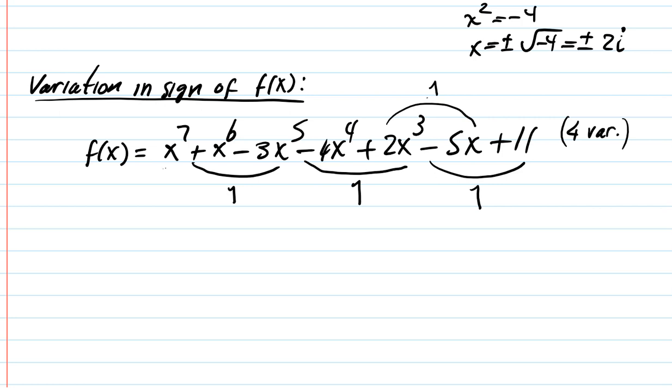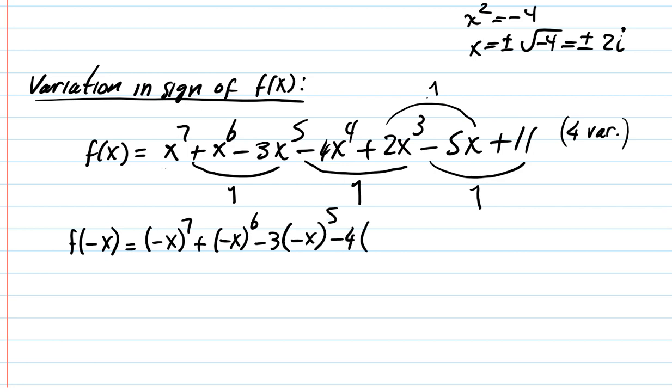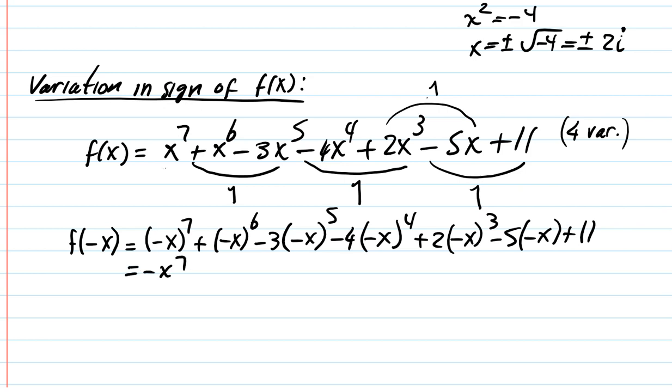Okay, now let's do f of negative x. I'm going to replace x with negative x. Negative x to the 7th plus negative x to the 6th, minus 3 times negative x to the 5th, minus negative x to the 4th, plus 2 times negative x quantity cubed, minus 5 times negative x, plus 11. Now, negative x to the 7th is negative x to the 7th.